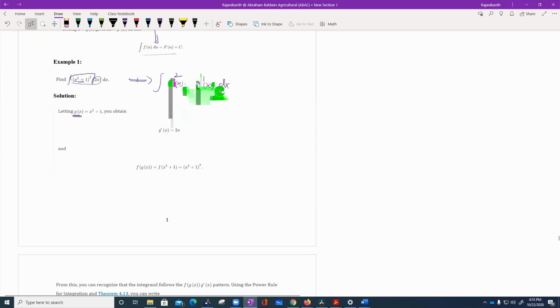If you always see this pattern, you could rewrite this by using g(x) as some other variable, say u. Simply substitute g(x) as u, and write down u squared du, that's it.